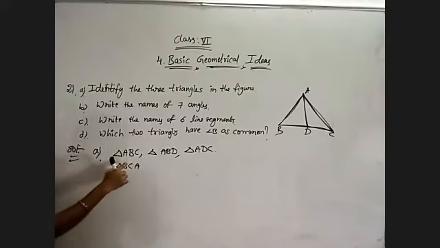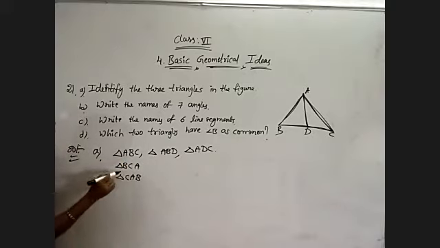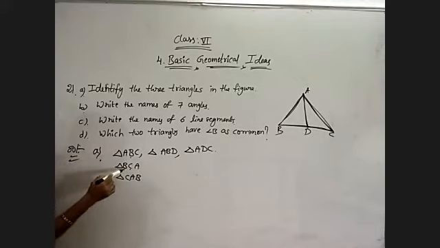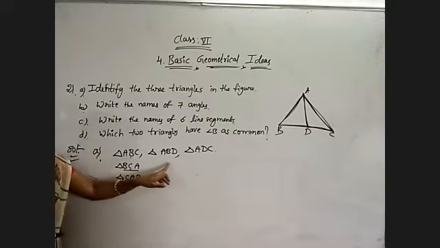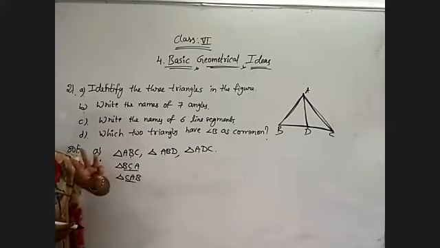Same order we must follow. BCA, otherwise CAB. We can write in these 3 ways for this one triangle only. Like this we can name the first triangle, and this triangle also we can name in three different ways.